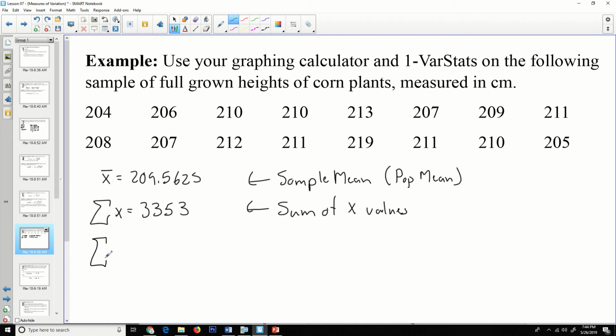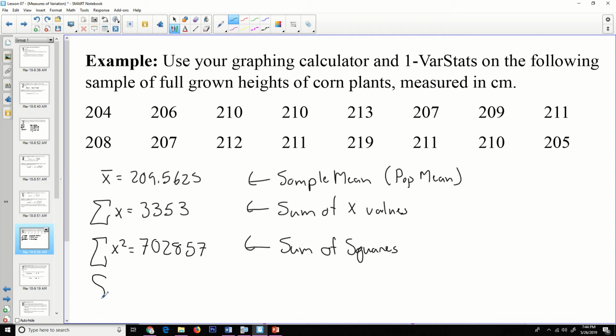The next one is what's called the sum of squares, and that turns out to be 702,857. So if I squared all 16 of these values and then added them up, I get this 702,857 value.